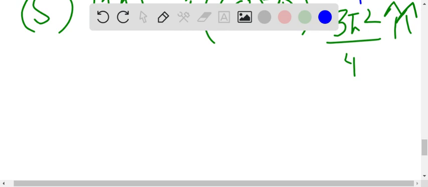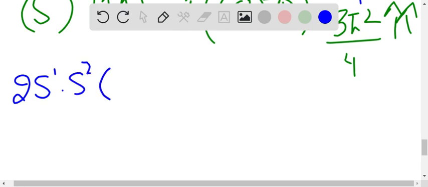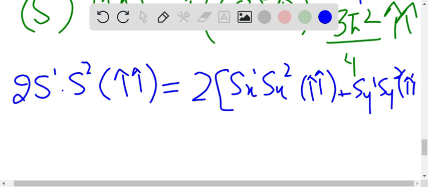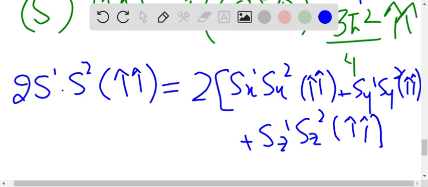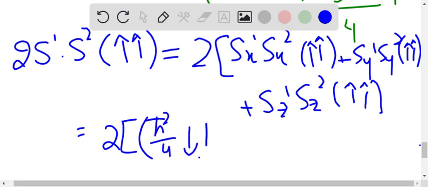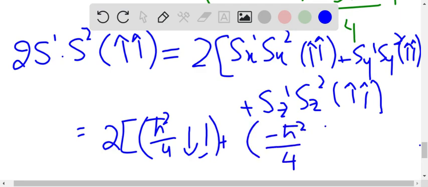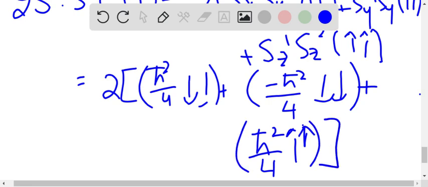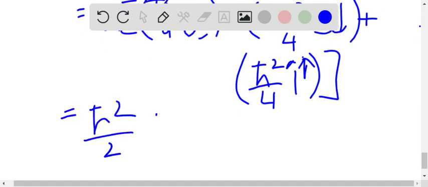Then we have the third term, that is 2 S1 dot S2, which is equal to 2 times (Sx1 Sx2 plus Sy1 Sy2 plus Sz1 Sz2), and when we solve it we'll get that it is equal to h square divided by 2.